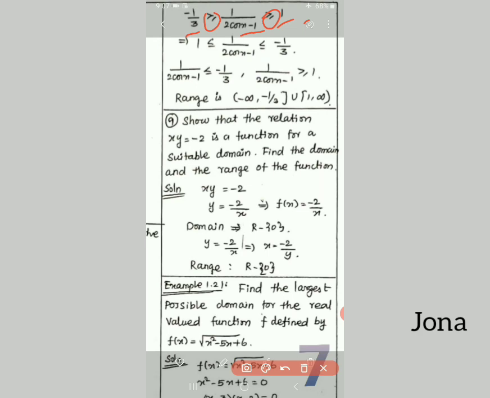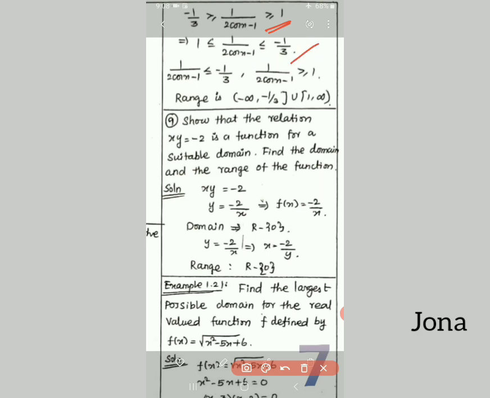When we rearrange this, how can we get this? 1 less than or equal to 1 by 2 cos x minus 1 less than or equal to minus 1 by 3. The same thing I rearranged here like this.